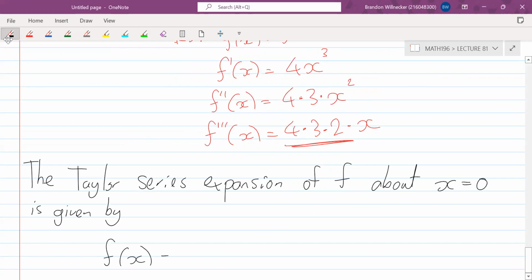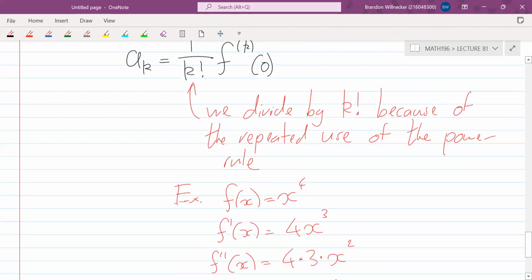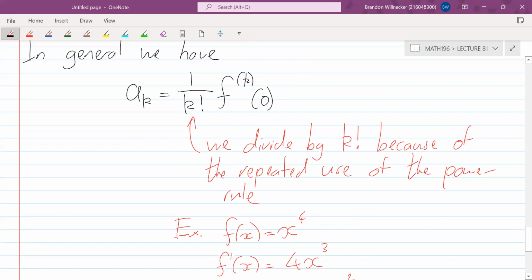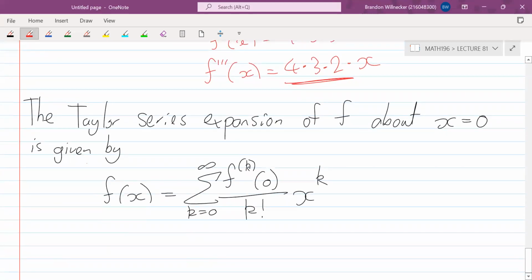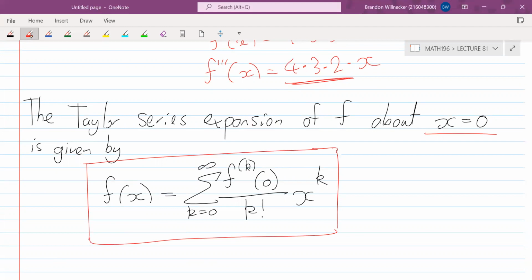We have f of x is equal to the sum from k equals 0 to infinity. Then we have Ak, but Ak is 1 over k factorial times the kth derivative of f evaluated at 0. So we can write that as the kth derivative of f evaluated at 0 over k factorial x to the k. And this is the expression we will use to find the Taylor series at x equals 0. Okay, that's the expansion point, because that's what we've been substituting into the derivative there.